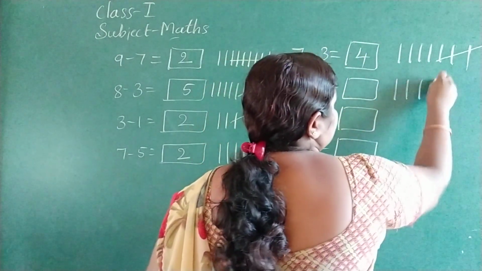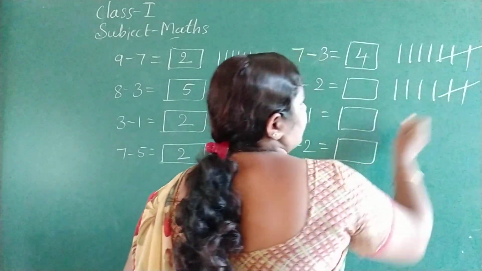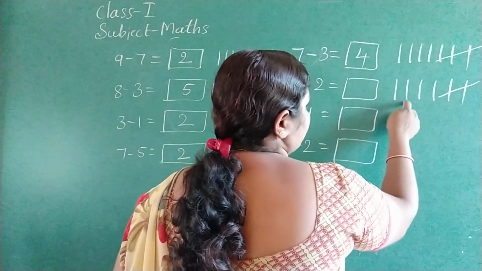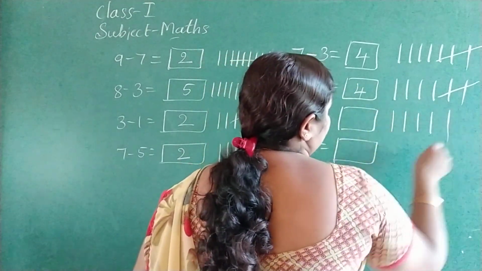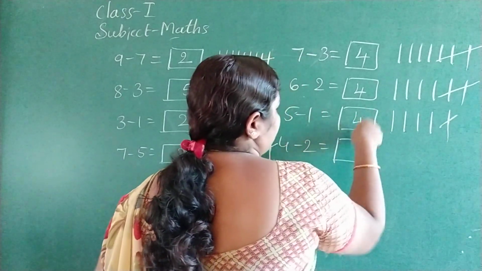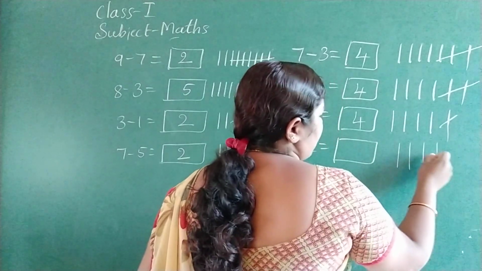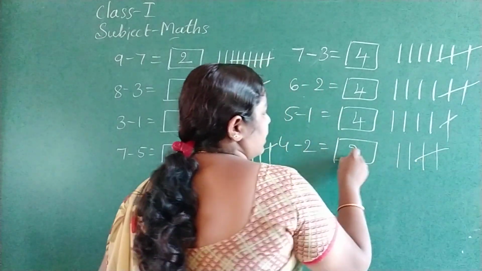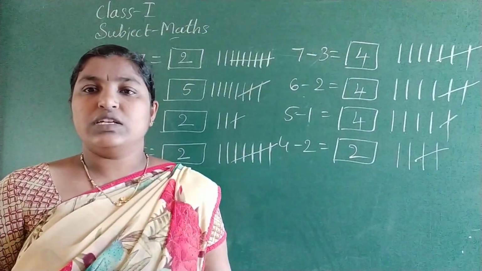Next 6 minus 2. 2 lines crossed. 1, 2, 3, 4 is remaining. Next 5 minus 1. Minus 1. So 1, 2, 3, 4. Next 4 minus 2. 1, 2, 3, 4. 1, 2. So what is remaining? 2. This is subtraction horizontally.